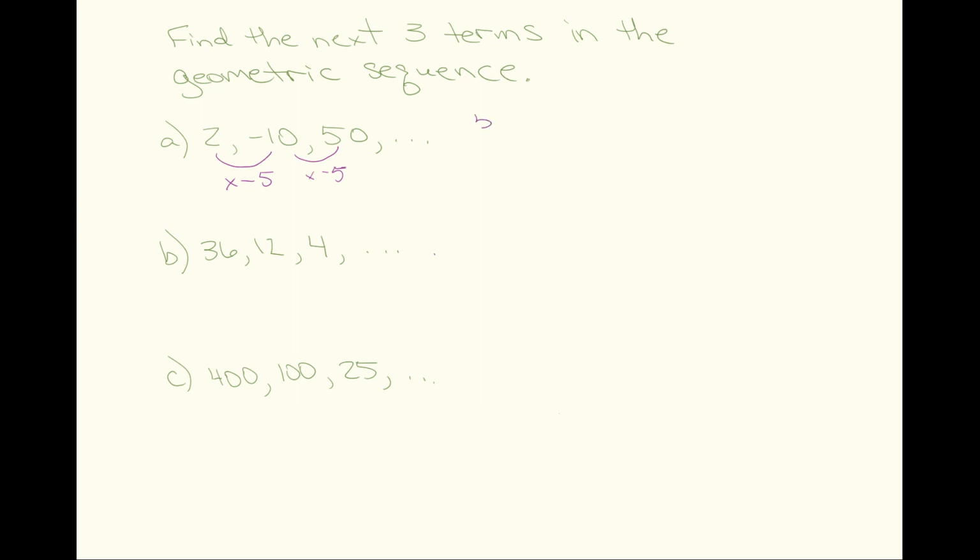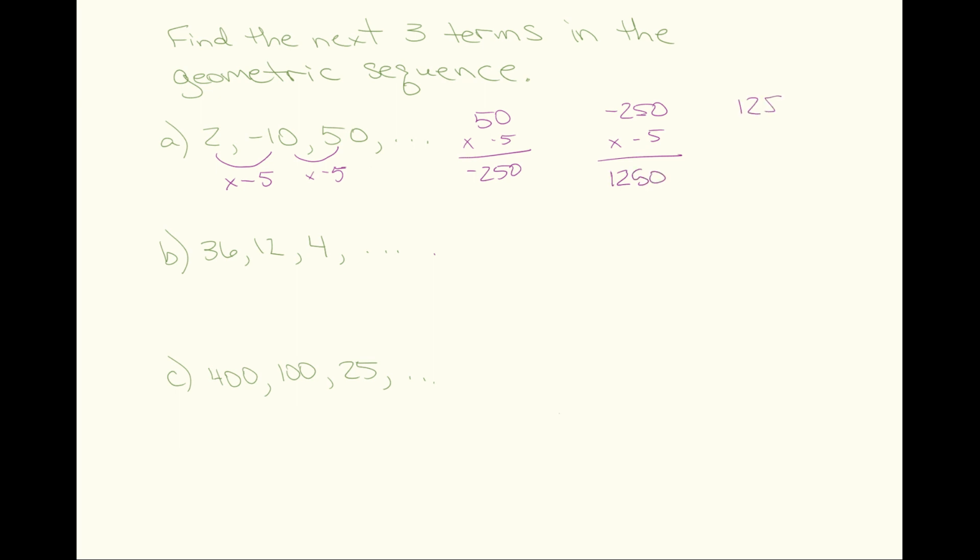So I can go 50 times -5, which would be -250. That's the first one. Then -250 times -5 would be positive 1,250.